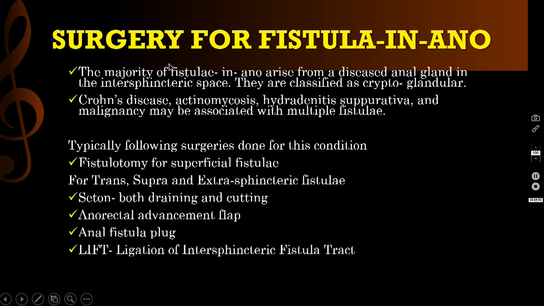The majority of these fistulae-in-ano arise from a diseased anal gland in the intersphincteric space. This anal gland in the intersphincteric space has an opening at the level of the dentate line, and through that opening, infection can go to this gland, and this gland will become infected and an abscess will form.